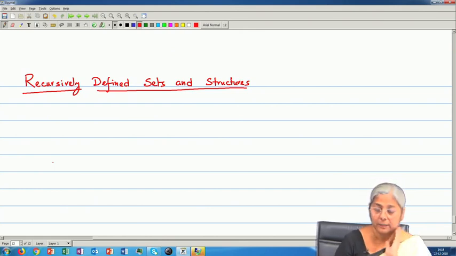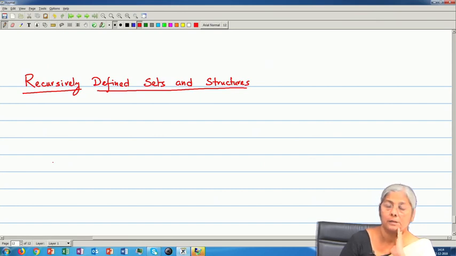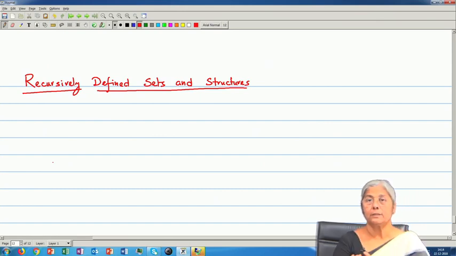So, for recursively defined sets, we can start with the empty set, and then we define a specific rule and generate the new elements. So, this is the main concept.